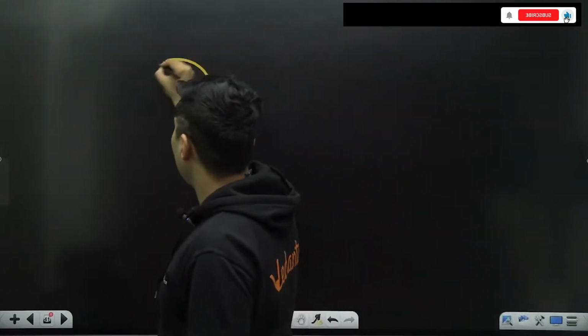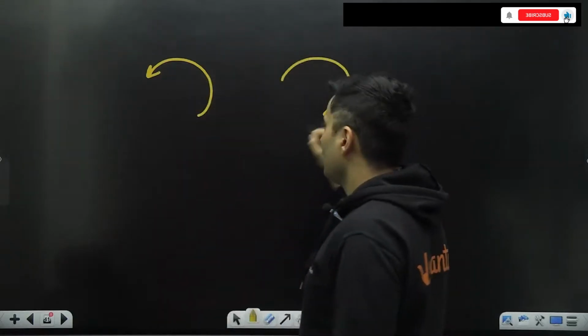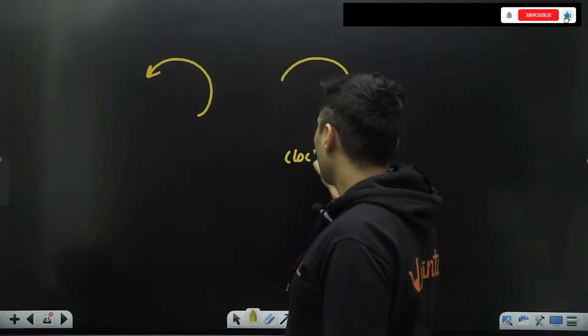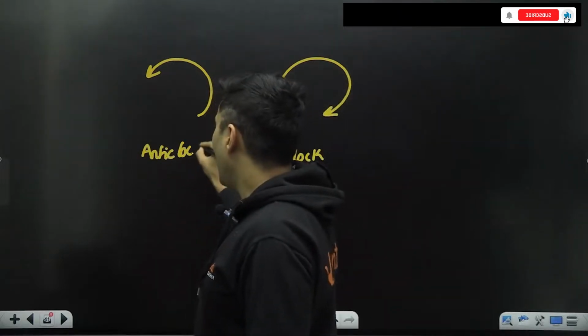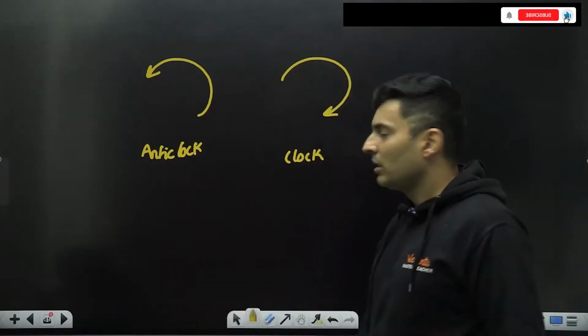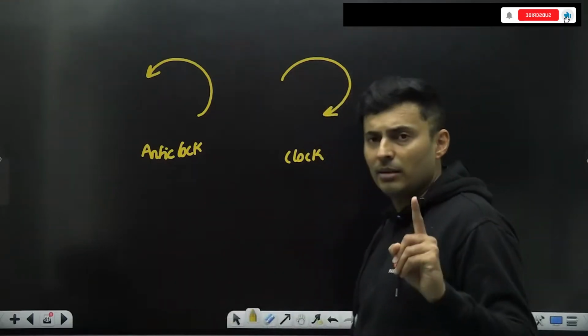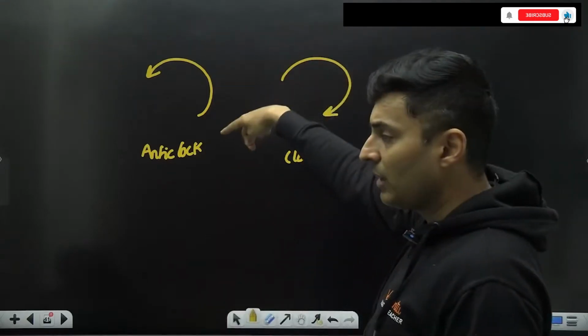For example, if I tell you something is rotating anti-clockwise, next time it is rotating clockwise. For you, this is clock. For you, this is anti-clock. I cannot draw a round thing as a vector quantity, number one. Number two, for you, this might be clockwise, this will be anti-clockwise.